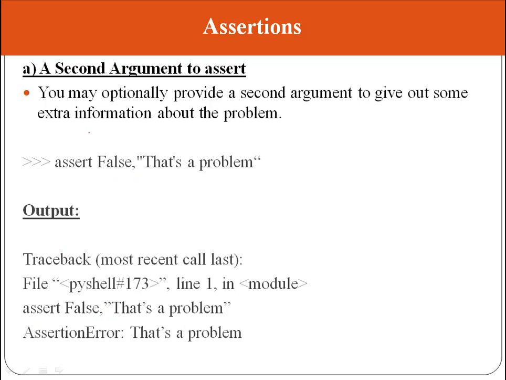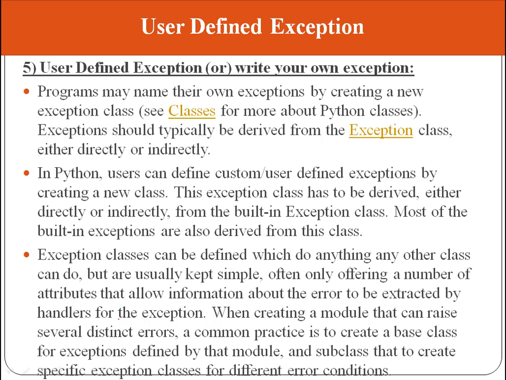The second argument to the assert is what to display when it is false. So the message what you want to display over there. User-defined exceptions, or write your own exceptions. Programs may name their own exceptions by creating a new exception class.